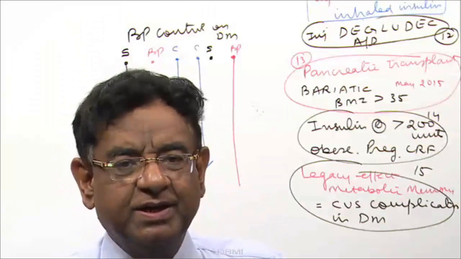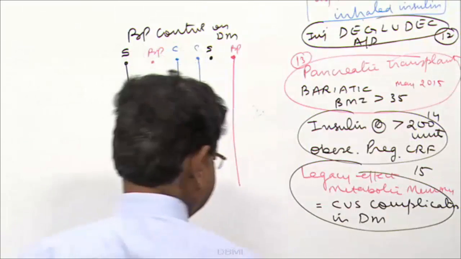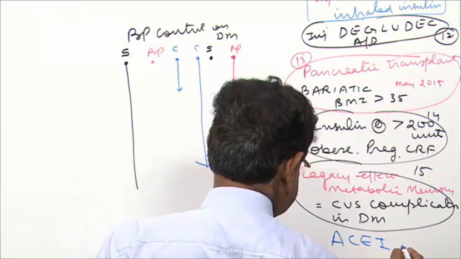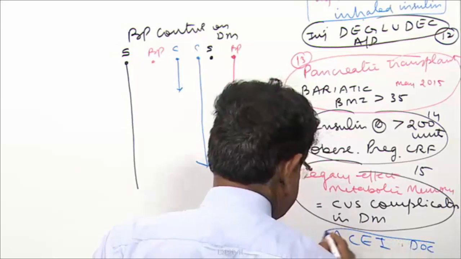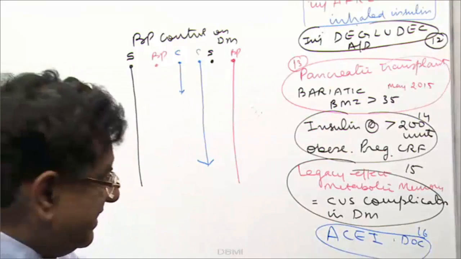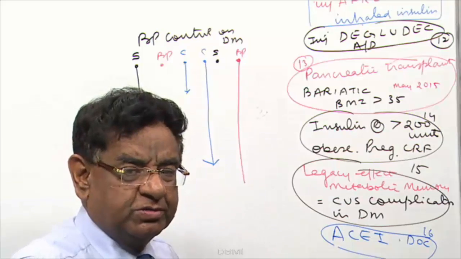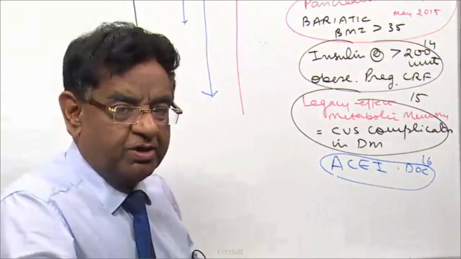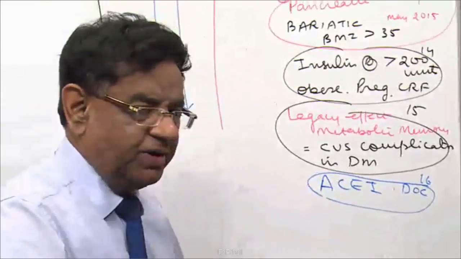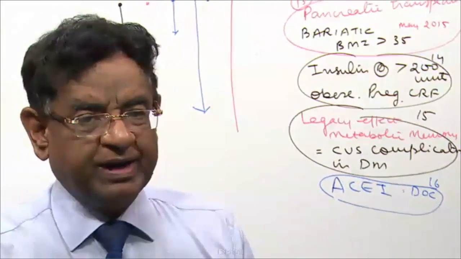So now they say in a diabetic patient, the drug of choice is ACEI. ACEI is the drug of choice in diabetes with hypertension, because ACEI will not only control the blood pressure, it will also reduce the progression of nephropathy.